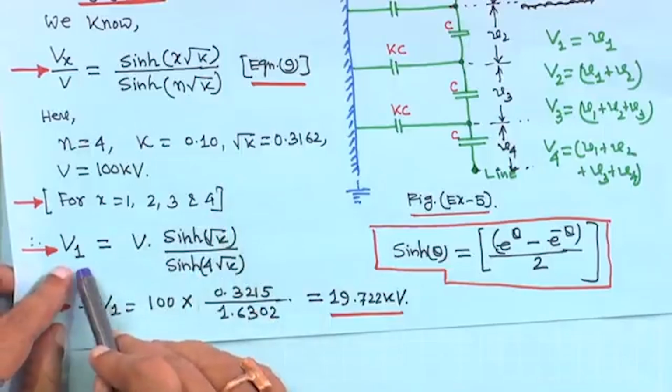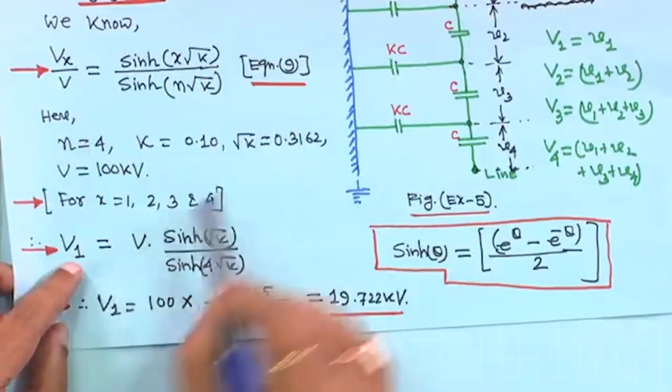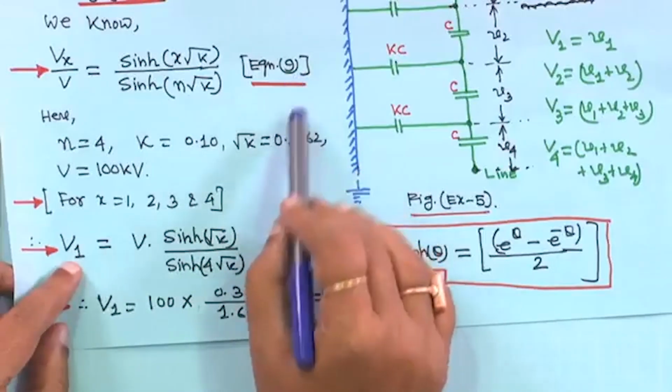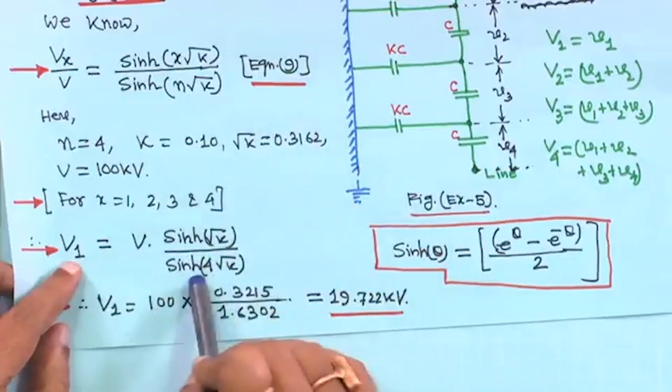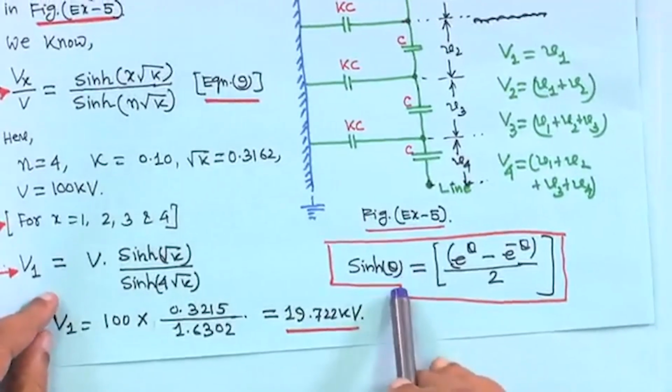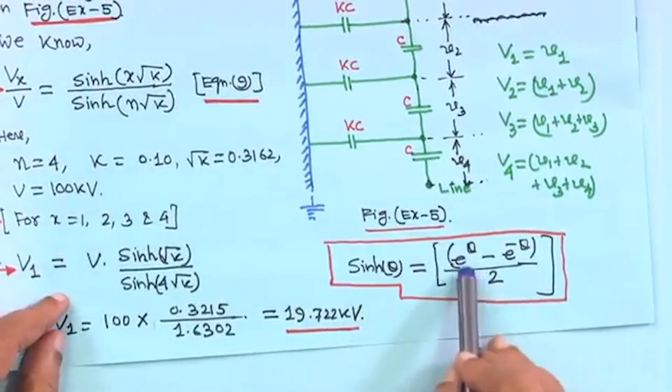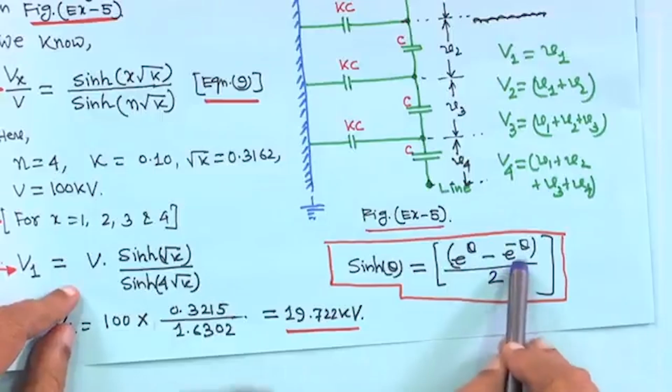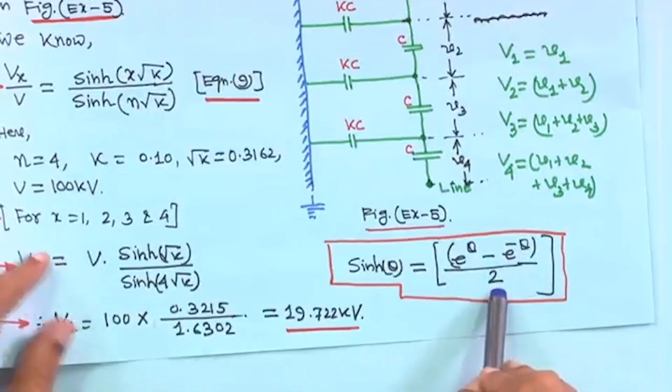Therefore, V1 when x is equal to 1, using the same equation 9, is V into sinh(root k) by sinh(4 root k). The general formula is sinh theta equal to e to the power theta minus e to the power minus theta upon 2, right.